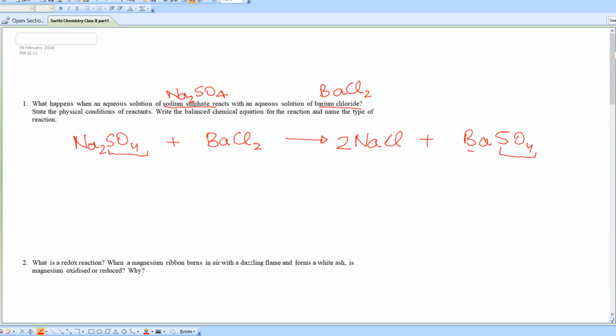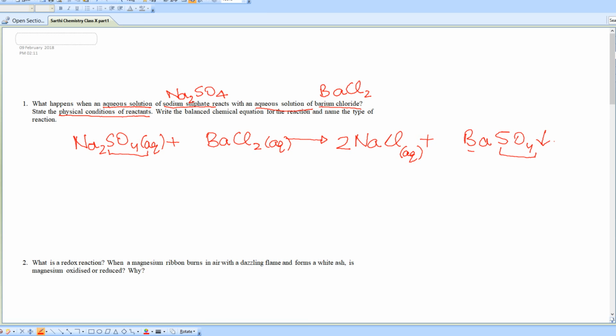Now we have to state the physical states of the reactants and products. This sodium sulfate will be an aqueous solution. We have already been given that this is an aqueous solution of sodium sulfate which reacts with an aqueous solution of barium chloride. The NaCl formed will also be in aqueous solution, and we have to learn that barium sulfate is always formed as a precipitate.